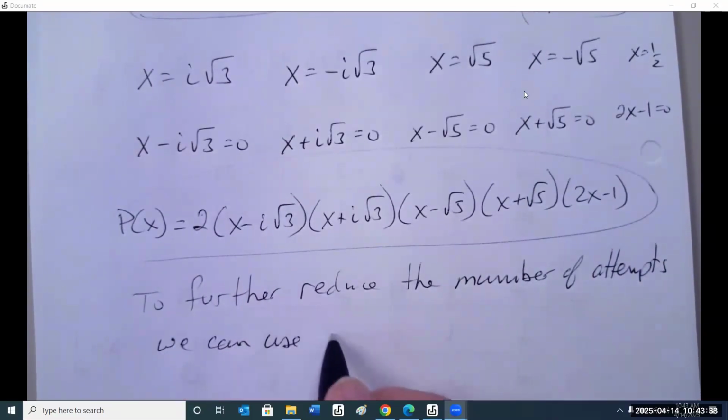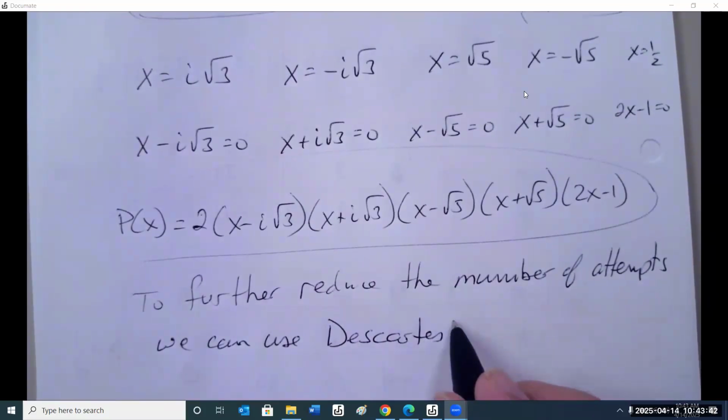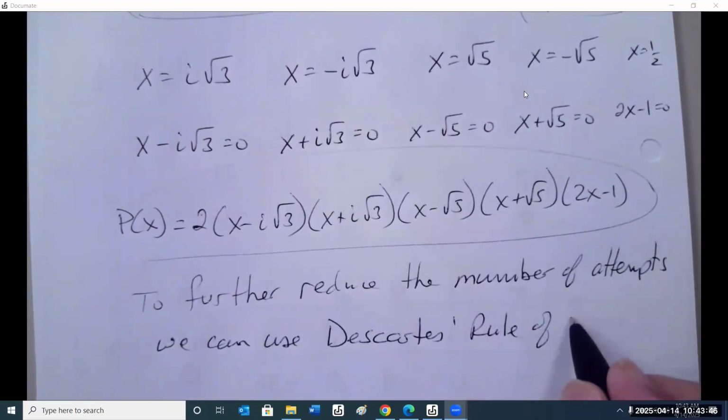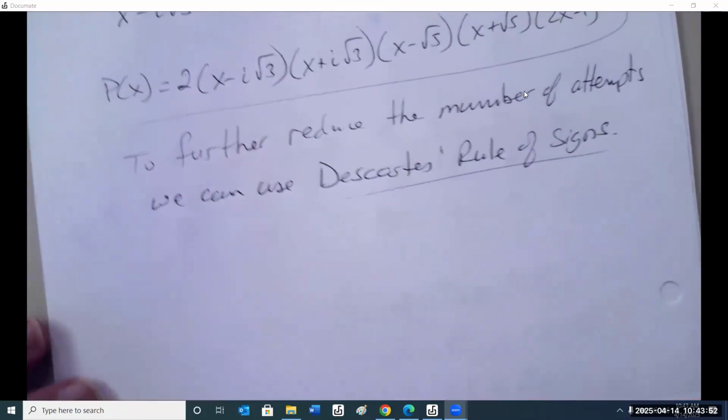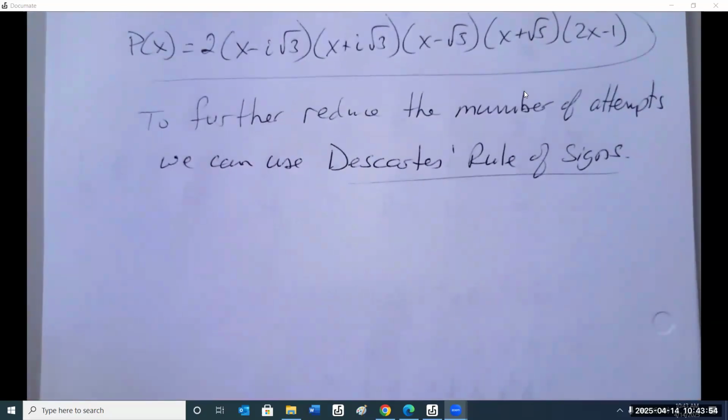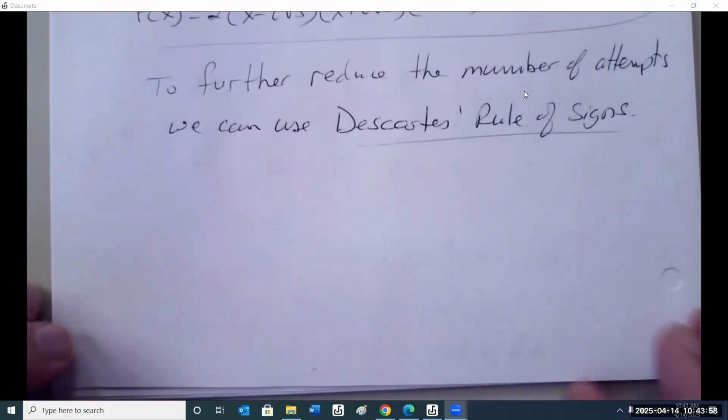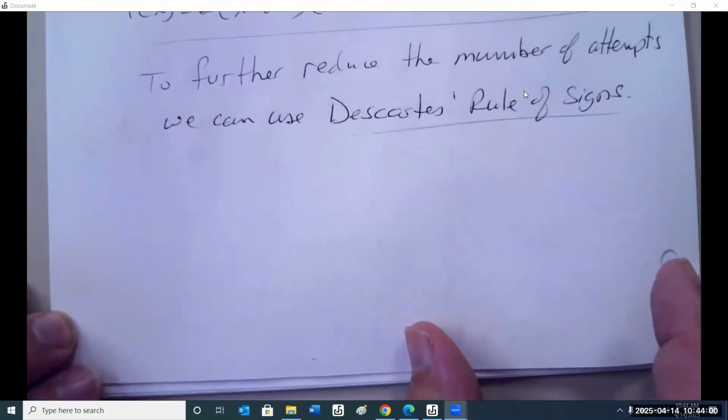We can use Descartes' rule of signs. Don't worry about writing everything down. We're almost going to be out of time, so I'm going to keep on moving real quick.